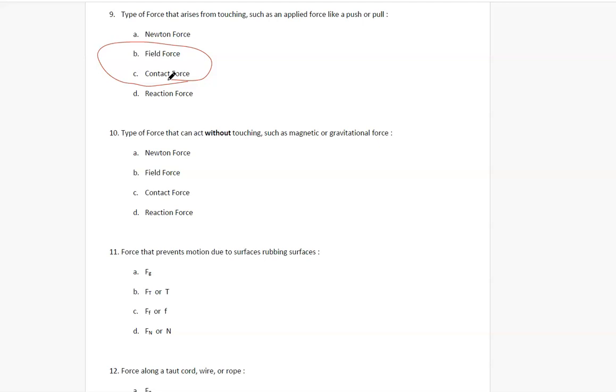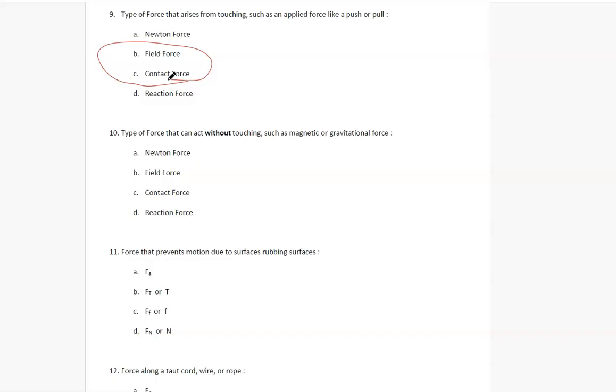Friction is a contact force, all right? The normal force, pushing back up on a book sitting on a table, or you standing on the ground, that's a contact force.